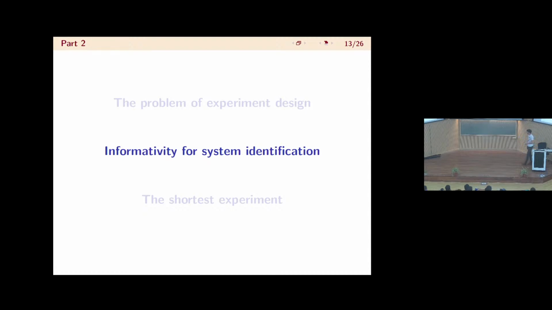Well, to really get a full answer to that question, what I need are necessary and sufficient conditions for informativity for system identification. Exactly the ones that Kanat has described before. So I want to briefly recap those conditions for informativity.